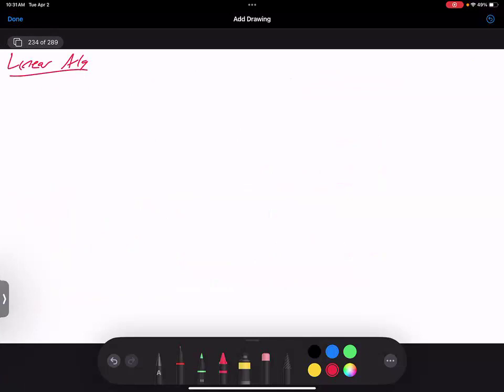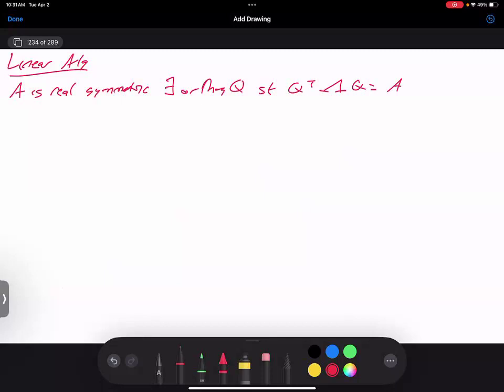And so you might have seen that if A is real symmetric, there exists an orthogonal matrix Q such that Q transpose lambda Q equals A, where lambda is the diagonal matrix, lambda 1 dot dot dot lambda n, with lambda the matrix of eigenvalues.